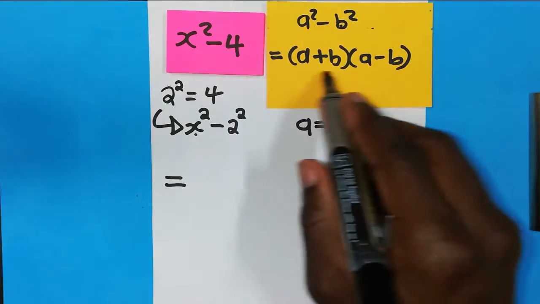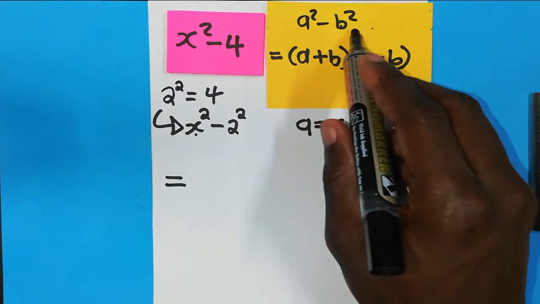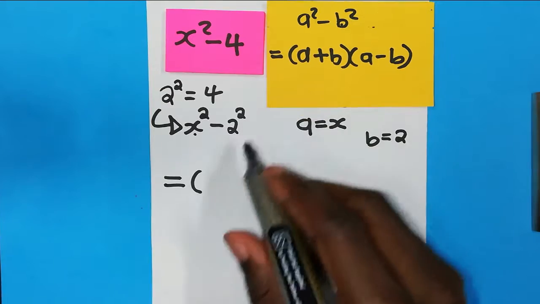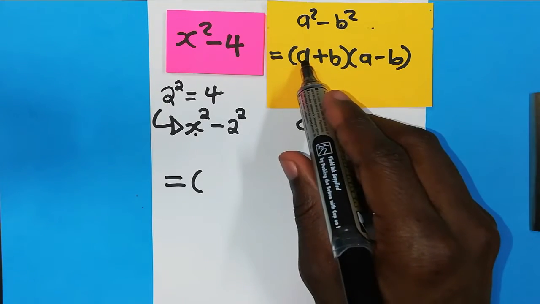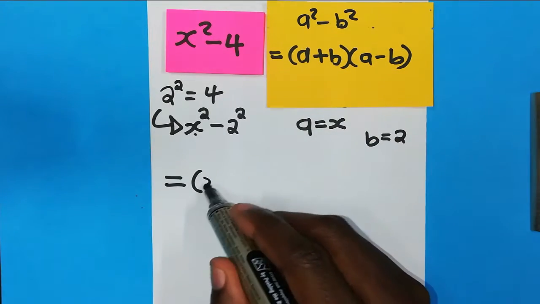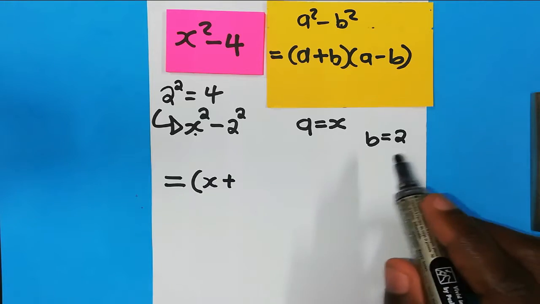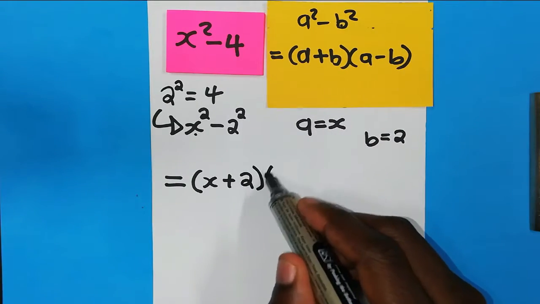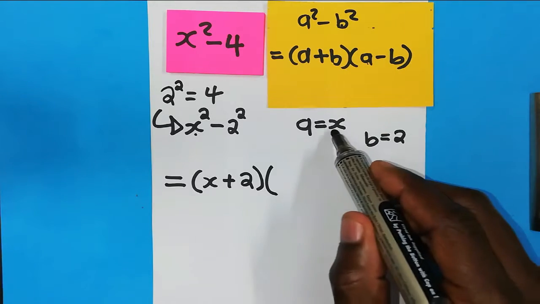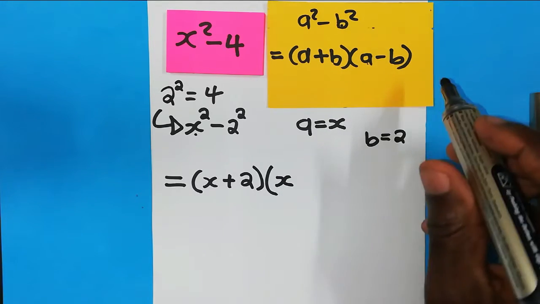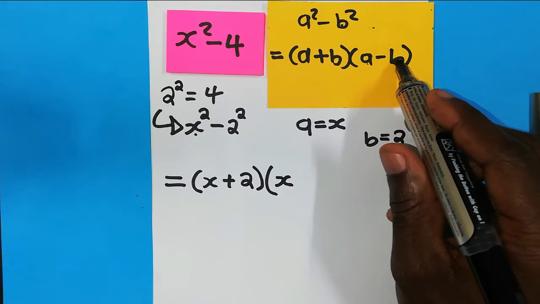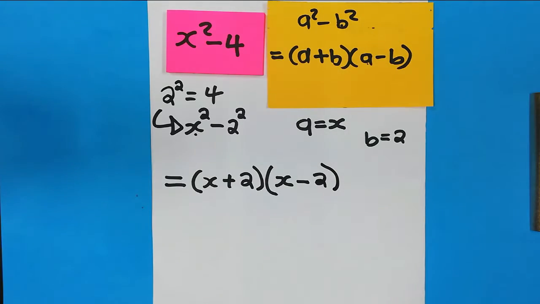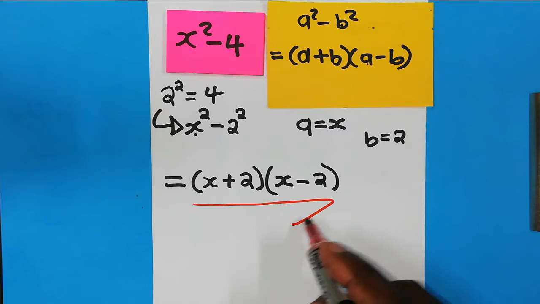So this is the final answer. Remember, when you see a, you write x, and when you see b, you write 2. That is the final answer.